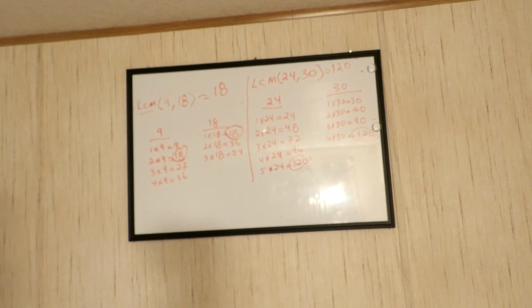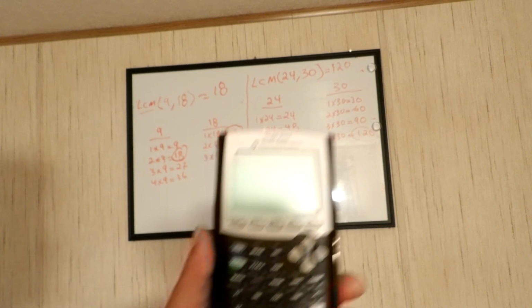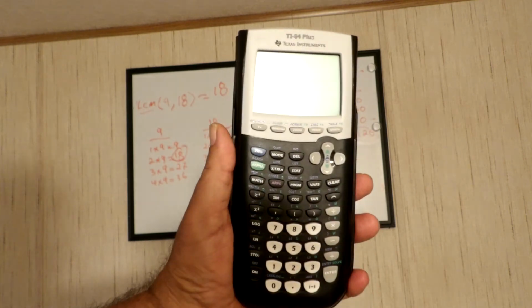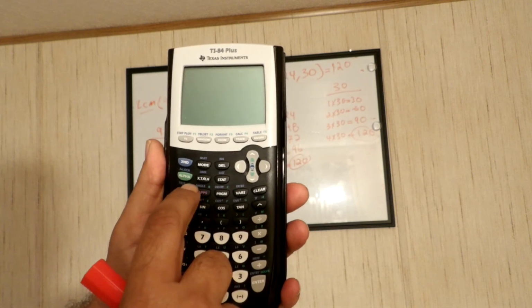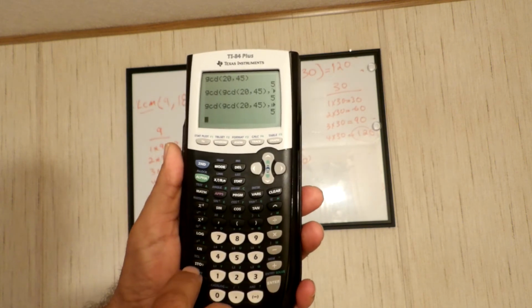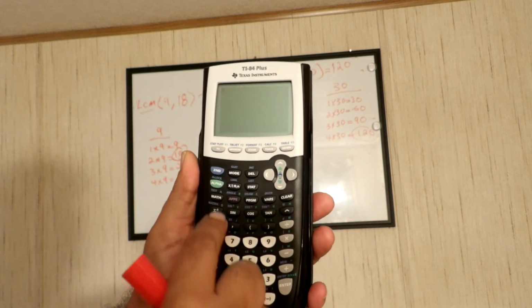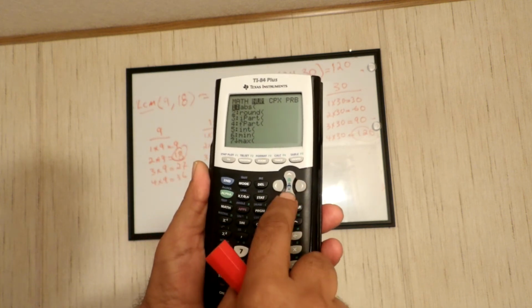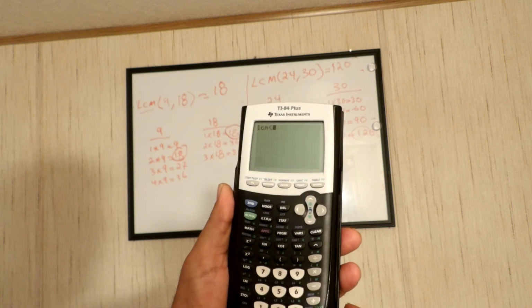The same thing you do for LCM. If there are three numbers, you go math, num, come down here to LCM, number 8.